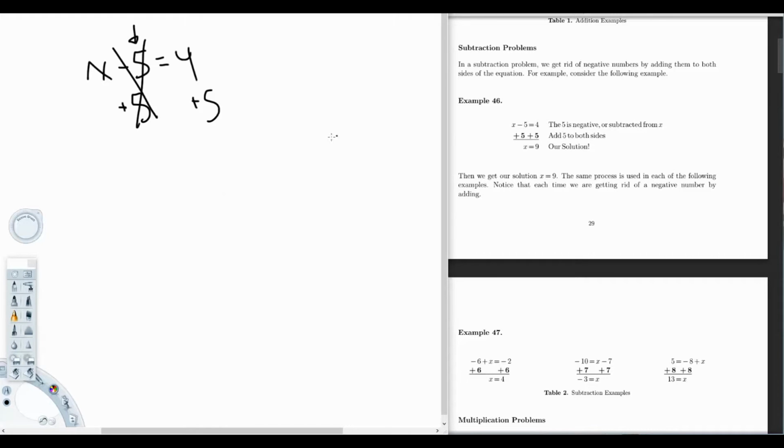And for those of you who don't remember, this is the number line. So negative 5, this is 5. If I'm at negative 5 and I want to go to 0, I have to add 5 to get there. That's what I did here. So what's the solution? x equals 4 plus 5, 9. We got it.